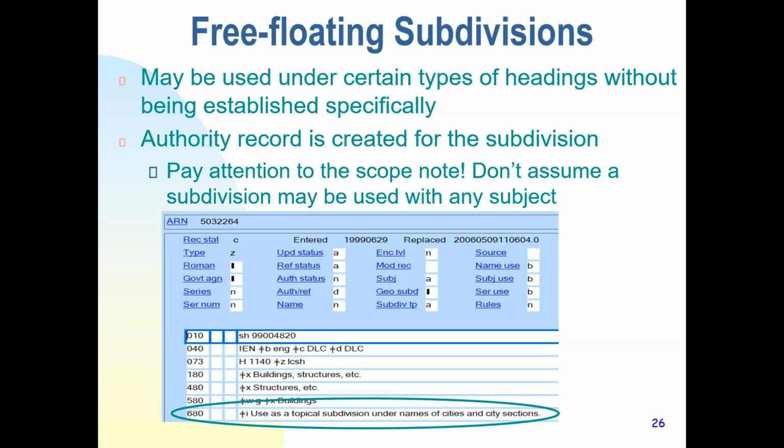Okay, so again, we talked about the 3 ways to tell that it's a subdivision record, not a subject. We found the 180 and the subfield X, and then up in the fixed field subject use, it had B because it cannot be used by itself.